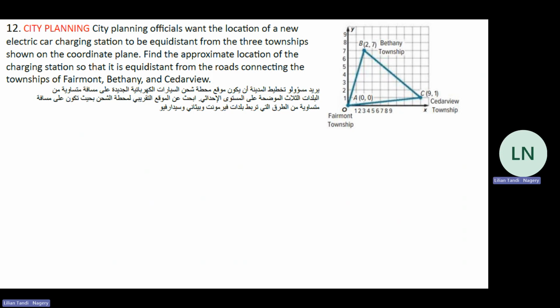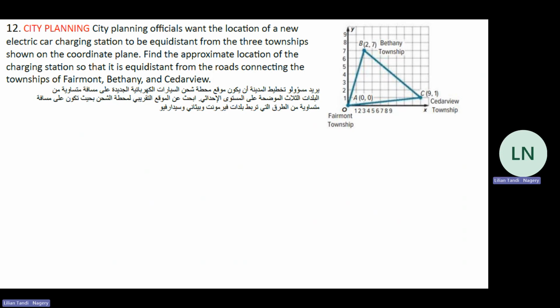City planning officials want the location of a new electric car charging station to be equidistant from the 3 townships. So it's saying the distance from here to here should be the same as from here to here.